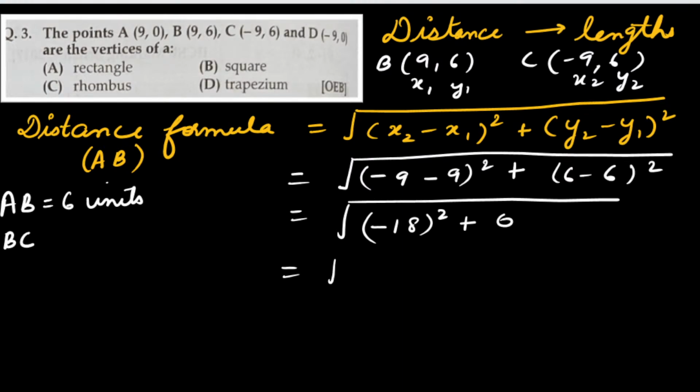Minus 18 whole square is 324, because the square of a negative is always positive. The square root of 324 is equal to 18. So BC is equal to 18 units. Are you all getting the same answer as I am getting? Is BC 18?